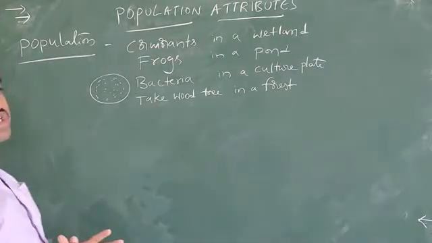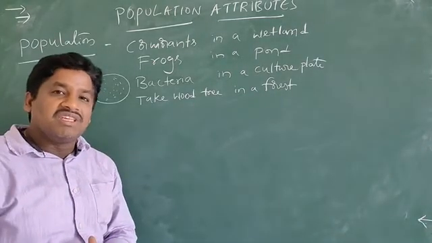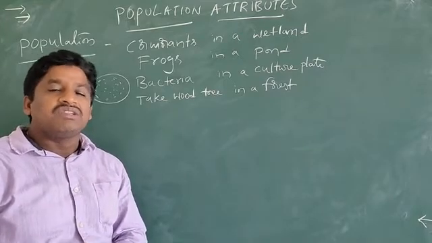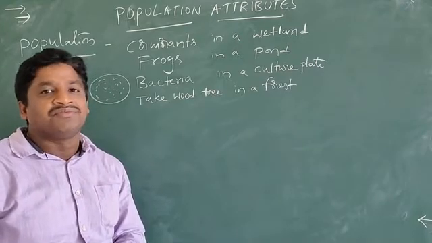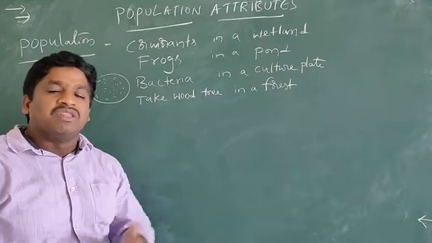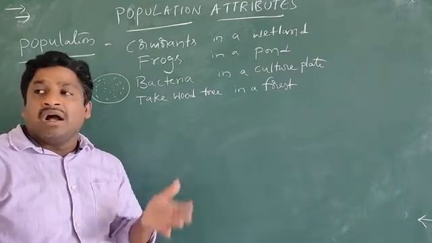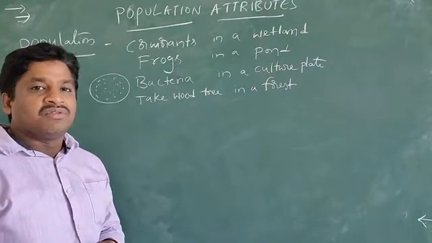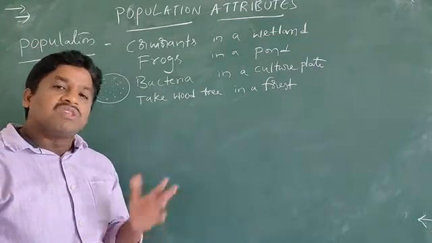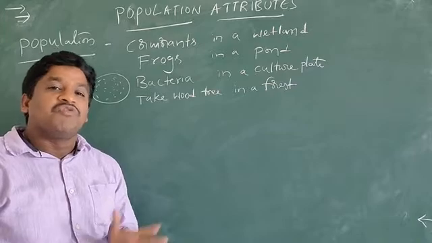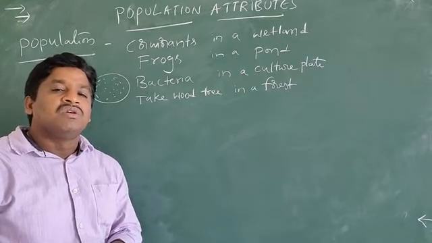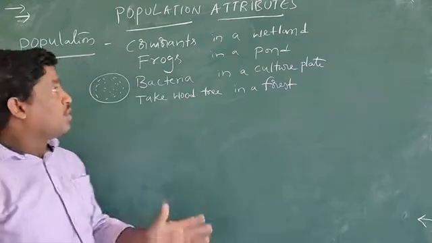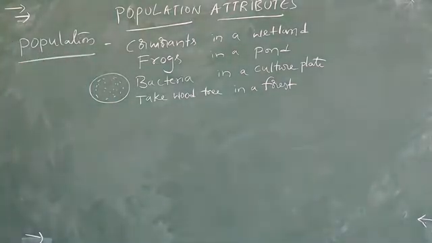Once again, population: a group of individuals living in a well-defined geographical area and sharing, and sometimes competing for the same resources. This is also one definition. Some living organisms compete for the same resources and potentially interbreed. We call it the population.